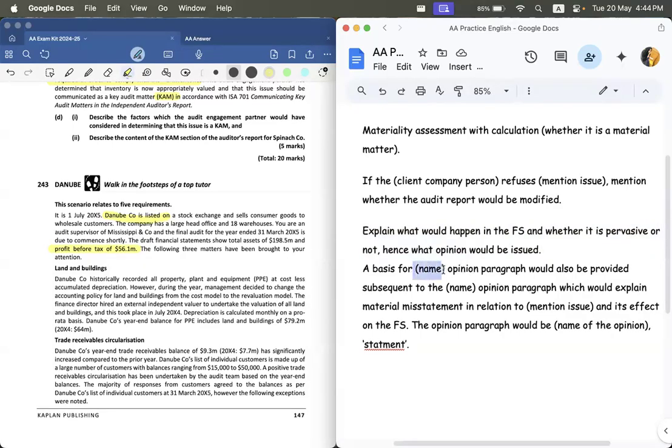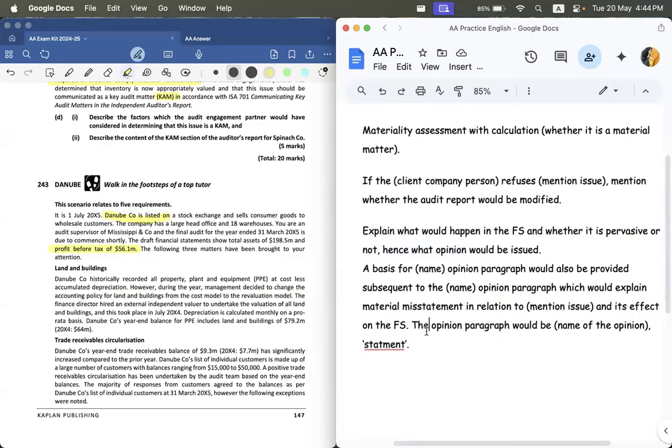You're just going to mention which type of opinion you're giving. And it is going to be subsequent to the opinion paragraph. So whatever opinion you're giving, just below that, you're going to give a basis for opinion paragraph. Clear? And this is going to explain the material misstatement in relation to the issue that has been mentioned in the question and its effects that it would have on the FS.